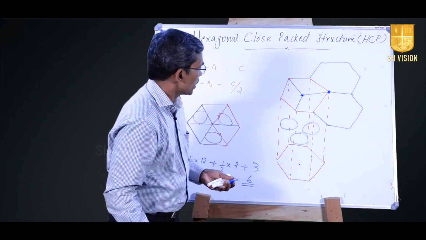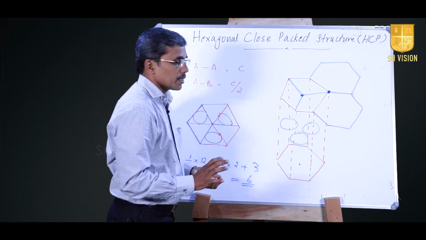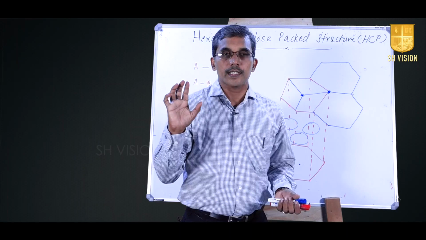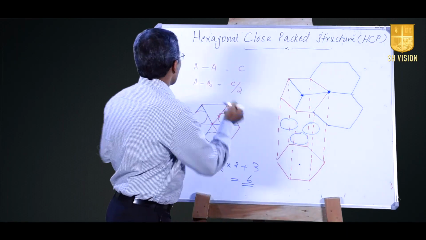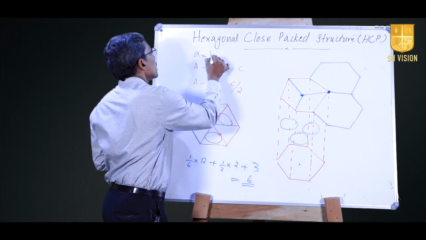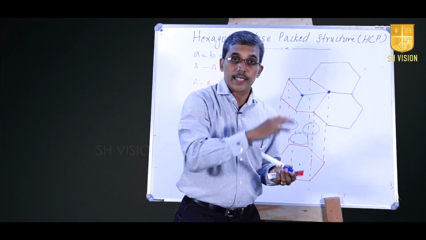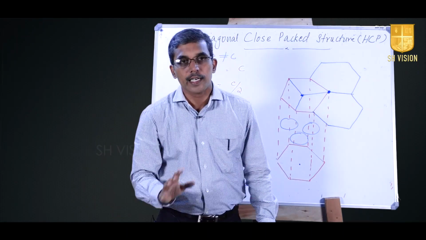Now we have to see certain other parameters. In the case of the hexagonal Bravais lattice, our restriction is A is equal to B, but not equal to C. But in the case of the hexagonal close packed crystal structure, there are certain restrictions.